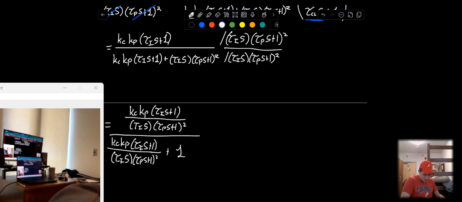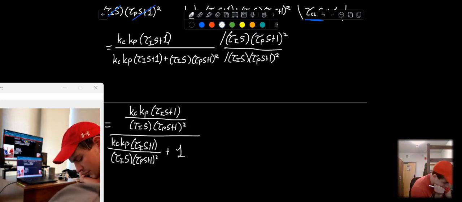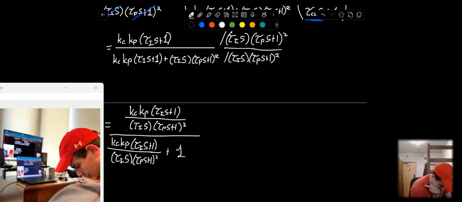And so what can we do here? We could divide the bottom again by that term.